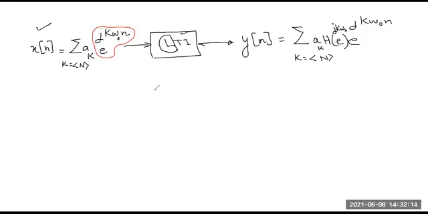So all this LTI system is doing is modifying the Fourier coefficients of the input, and the Fourier coefficients of the output are now ak multiplied with this function.